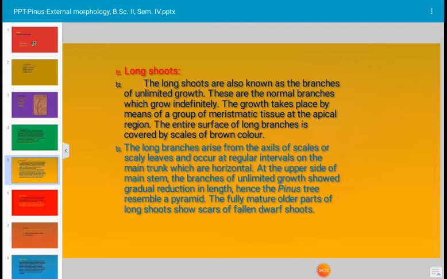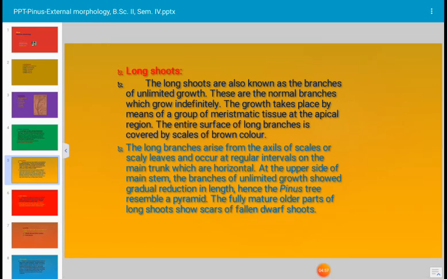The long branches arise from the axils of scales or scaly leaves and occur at regular intervals on the main trunk, which are horizontal. And at the upper side of the main branch, the branches of unlimited growth show gradual reduction in length.